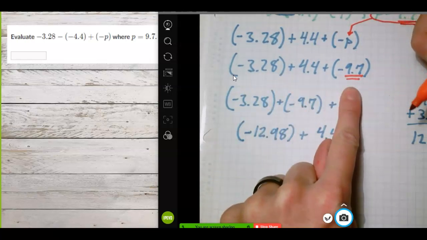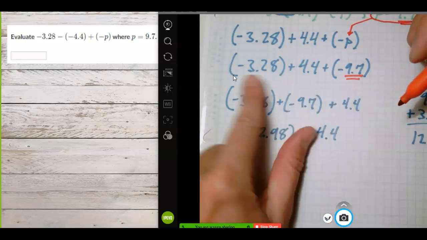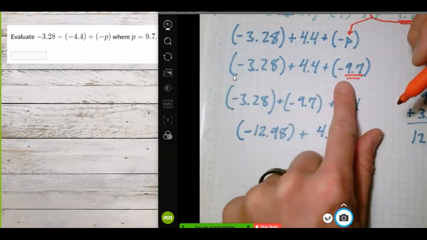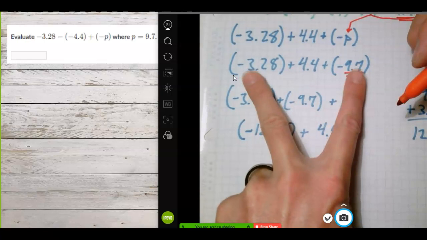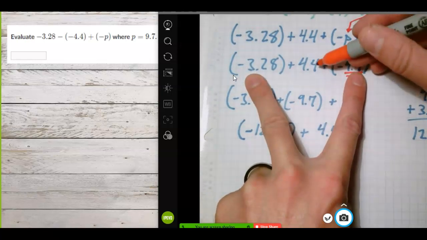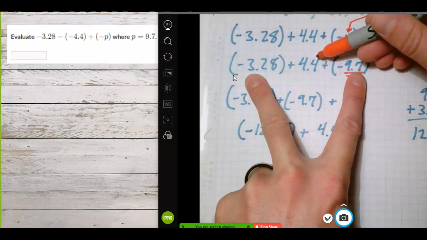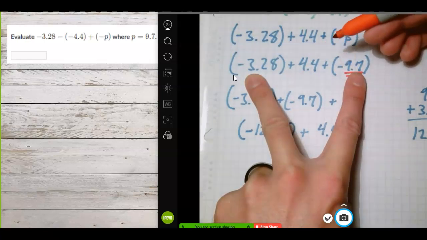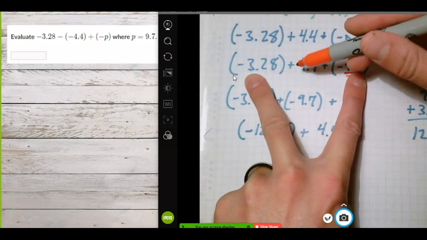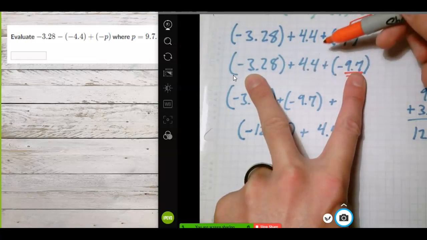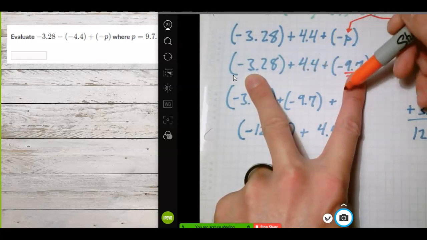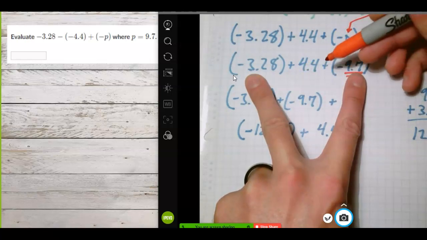But what I think is easier in my head is I have a negative number, a positive number, and a negative number. So really these two guys are on the same team, and the 4.4 is on the other team. So if we were like meeting up, like imagine a movie scene. The bad guys are probably going to get with the other bad guys, and the good guys will get with the good guys, or kind of separate themselves, and then the battle happens.